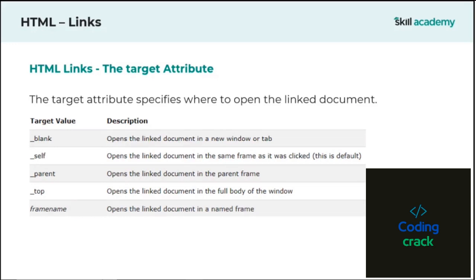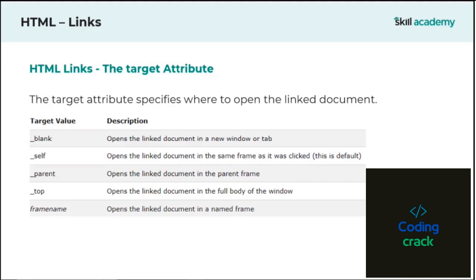If we specify target equals _self, it will open the linked document in the same frame as it was clicked. If we use _parent, it will open the linked document in the parent frame. And if we use _top, it will open the linked document in the full body of the window. And not only this, we can use a frame name as well.